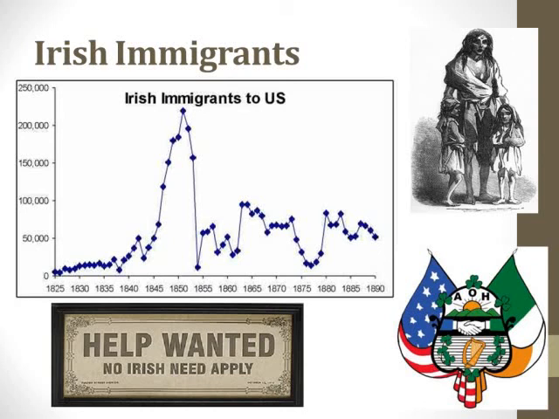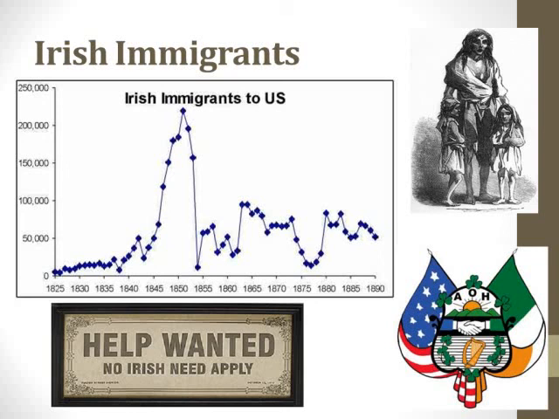Why don't they just go out and buy a farm in the West? Oh, because they don't have money. They can't afford it. That makes sense. Are they pro or anti-abolition? Sorry. Are they pro or anti-slavery? They're pro-slavery, anti-abolition.